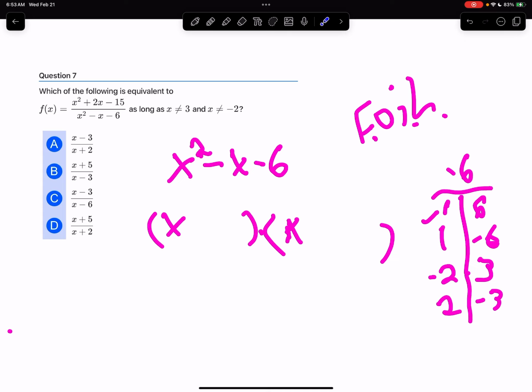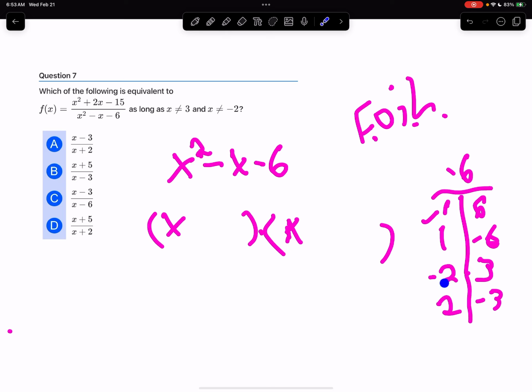This is very slow at first because you have to practice it a lot before it becomes regular, so it seems a little weird at first. But what we need to see is that not only do these numbers have to multiply together to give me negative 6, they should also add together to equal negative 1, which is this number here. So which of these, when we add them up, will give us negative 1?